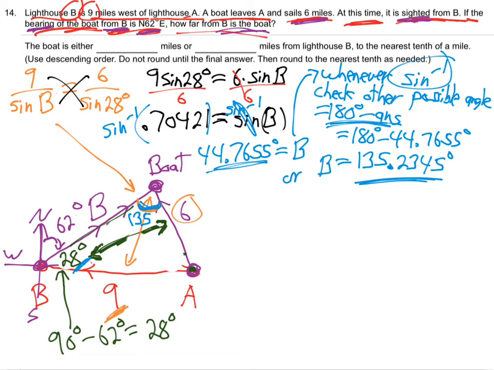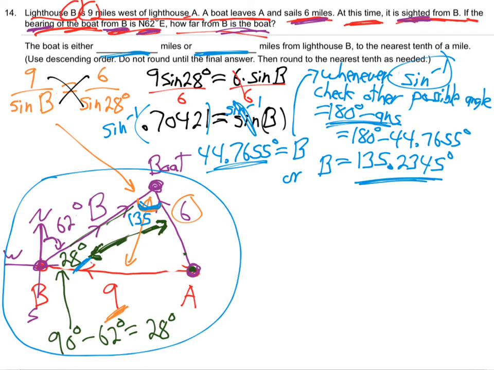Both answers are possibilities. See, that's why we have 2 answer blanks up here. There's 2 possible scenarios going on here. And I think it would be best if I go to a fresh screen and draw out those 2 scenarios so you can see how we finish the problem. I'll basically take this and redraw it in 2 separate looks so it makes sense what you're seeing.